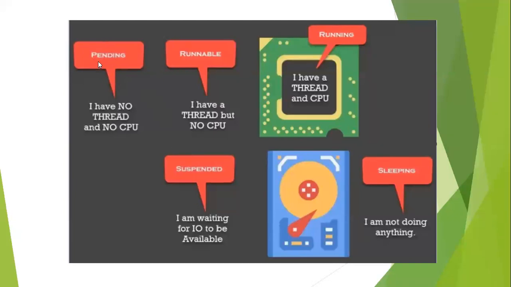Runnable means that it is available to run, available for the CPU and resources. Running means that it is the current query that is running. Suspended is waiting for the OS IO, waiting on resources.